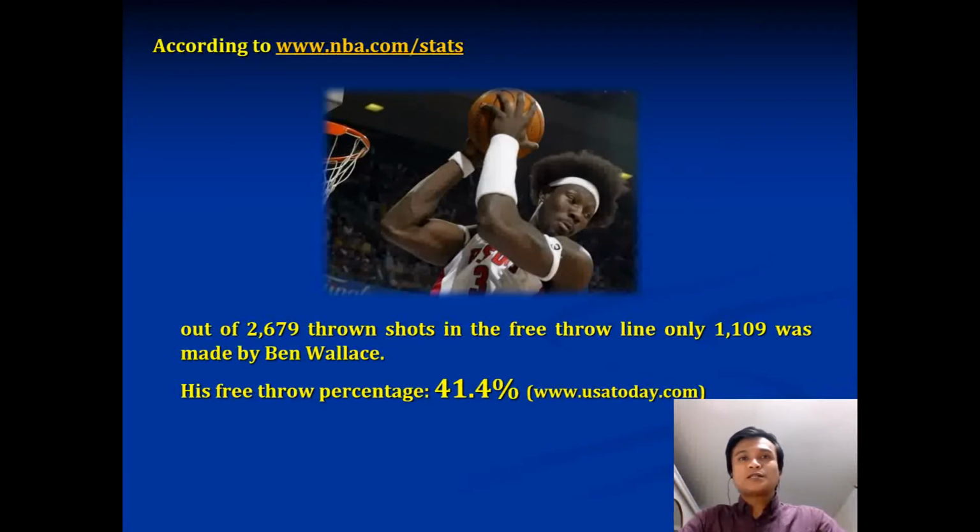His free throw percentage is 41.4%. This is from www.usatoday.com. It seems that Ben Wallace is not a very good free throw shooter, because his free throw percentage is only 41.4%. So, what is the connection of this to our topic?